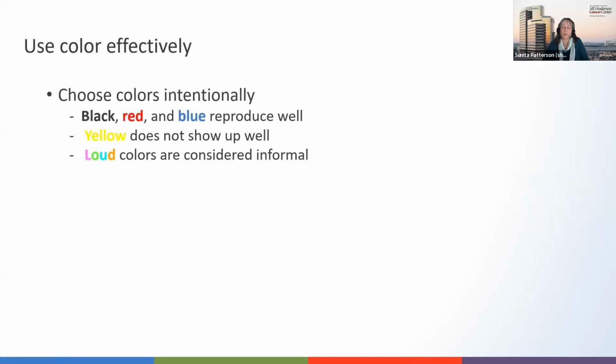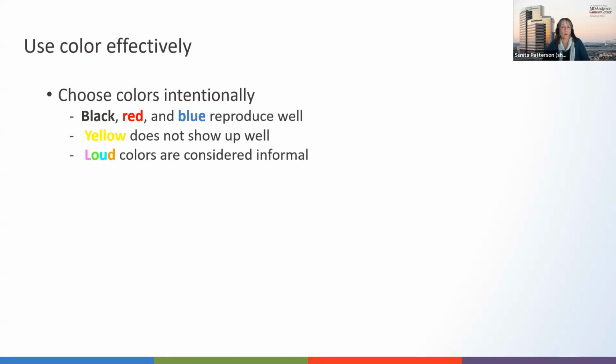Our next set of tips for effective figure design relates to use of color. Color can help to distinguish data, group data, or highlight data. But when you choose colors, keep a few things in mind. Black, red, and blue reproduce well. Yellow should be avoided because it doesn't show up well.